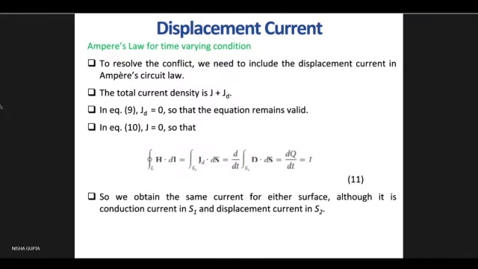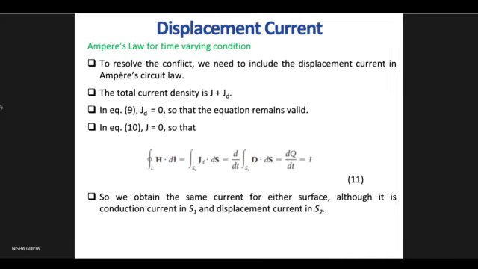And we have also seen that the term JD is almost negligible at low frequency. At high frequency, JD is comparable with the conduction current density, which is JC. So if you have a circuit and you have connected a source of 50 Hertz producing some voltage, the current flowing in that circuit will be 50 Hertz.